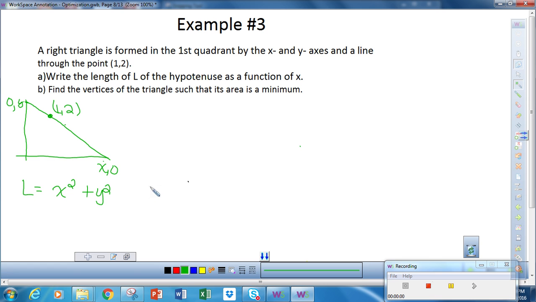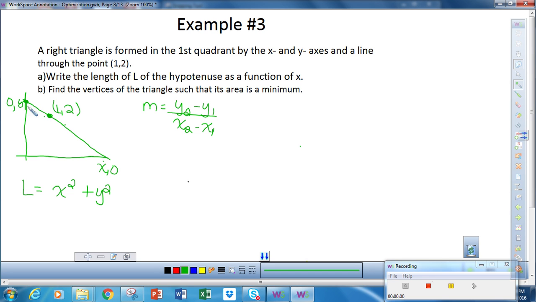And to do that, we're going to use the slope formula. So recall from Algebra 1 or Math 1 or wherever that's taught now, that the slope is y2 minus y1 over x2 minus x1. The slope on this line is the same no matter where I take it, so I'm going to write two expressions for the slope. The first one goes from the point on the y-axis to (1, 2).